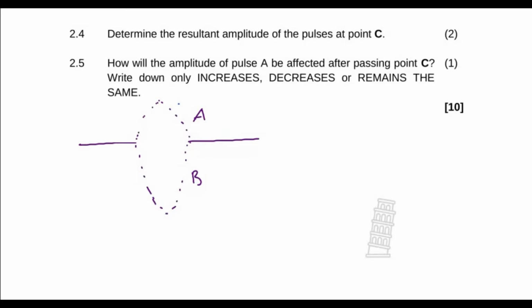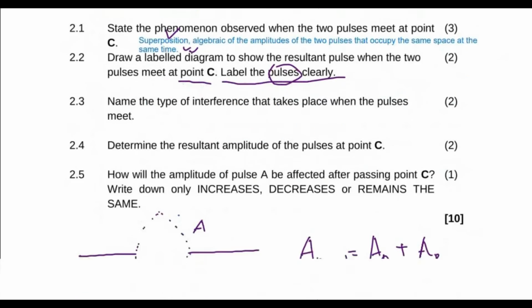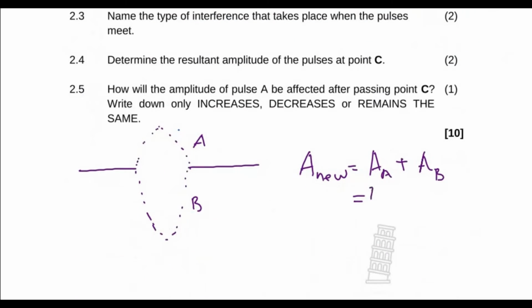So the new pulse will have an amplitude equal to the amplitude of pulse A plus the amplitude of pulse B. The amplitude of pulse A, let me go check, is 4 centimeters, plus the amplitude of this one, which they said is -6.